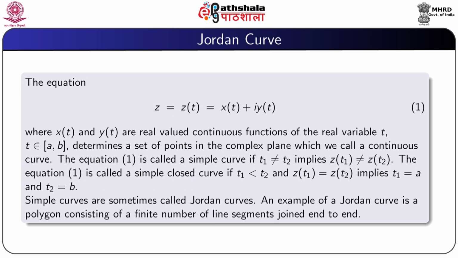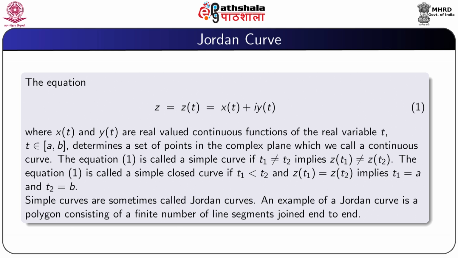The equation z equal to z of t equal to x of t plus i y of t is called a simple curve if t1 not equal to t2 implies z of t1 is not equal to z of t2.